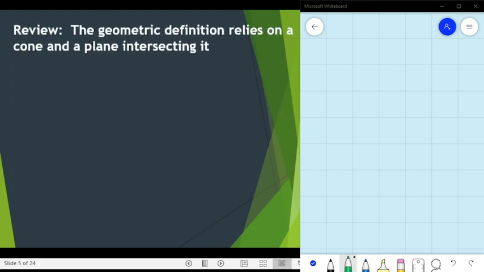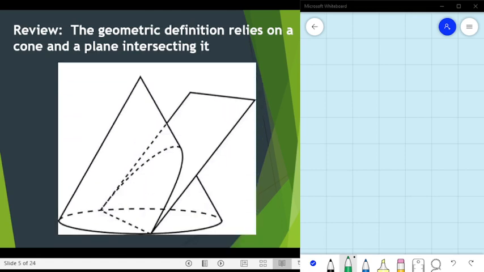Okay, before anything else, we are going to review first the geometric definition of a parabola, which relies on a cone and a plane intersecting it. Recall the previous activity, activity number 1, where you intersect a plane into the cone.